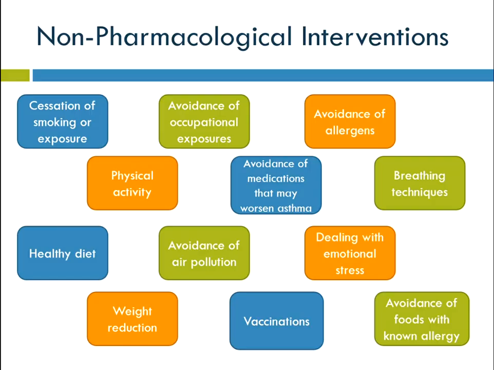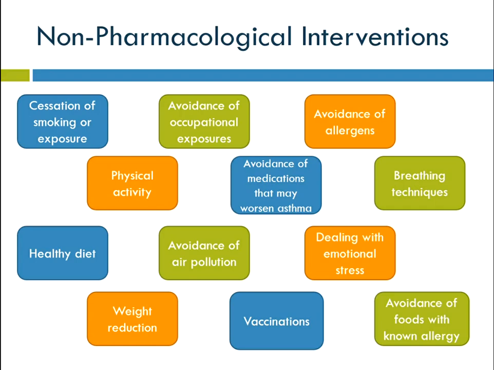Which option that you picked goes in the plan, because all these options might not apply to your specific patient. Okay? So treatment options, non-pharm interventions: cessation of smoking or cessation of smoking exposure, avoiding occupational exposures, avoiding allergens. So all of those are what? Triggers.